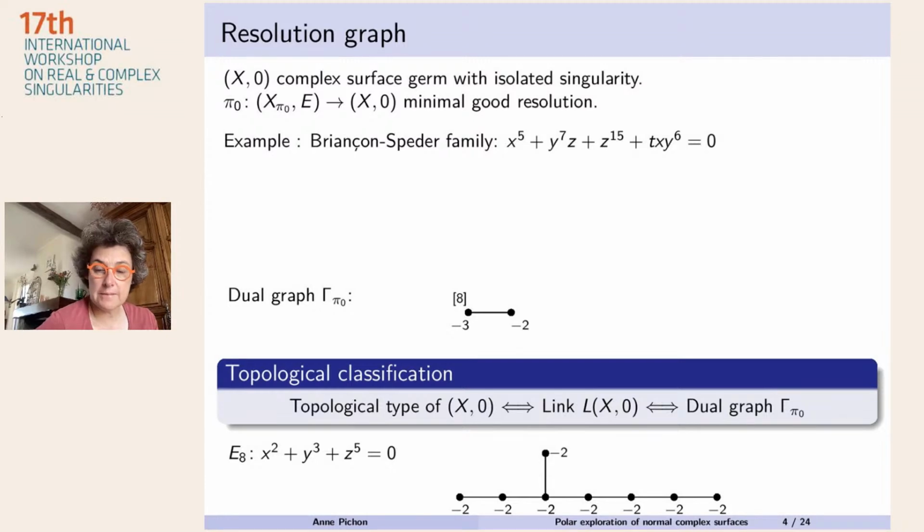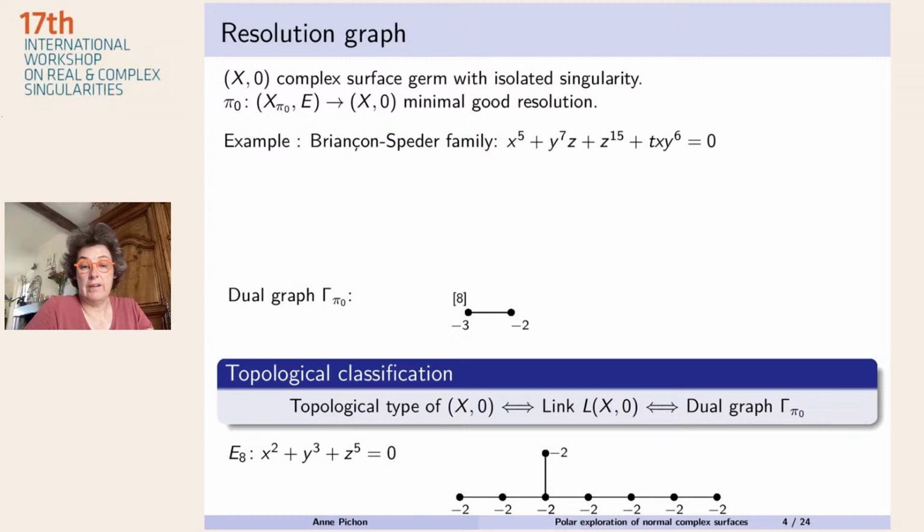Each vertex is weighted by the genus of the curve, written in brackets, and it is omitted when this genus is 0. And you add a second weight, which is the self-intersection of the curve in X, π0. Here you see -3 and -2. And so you get this dual graph.